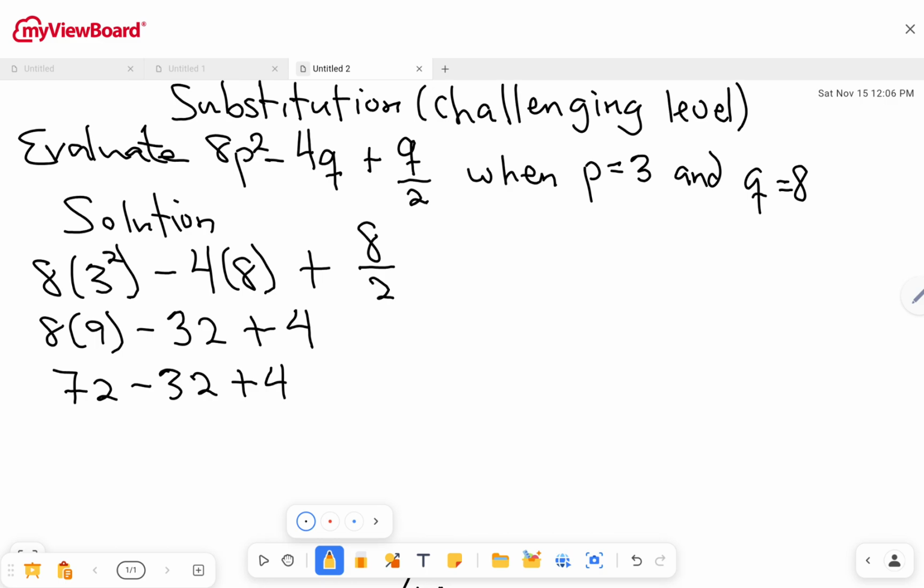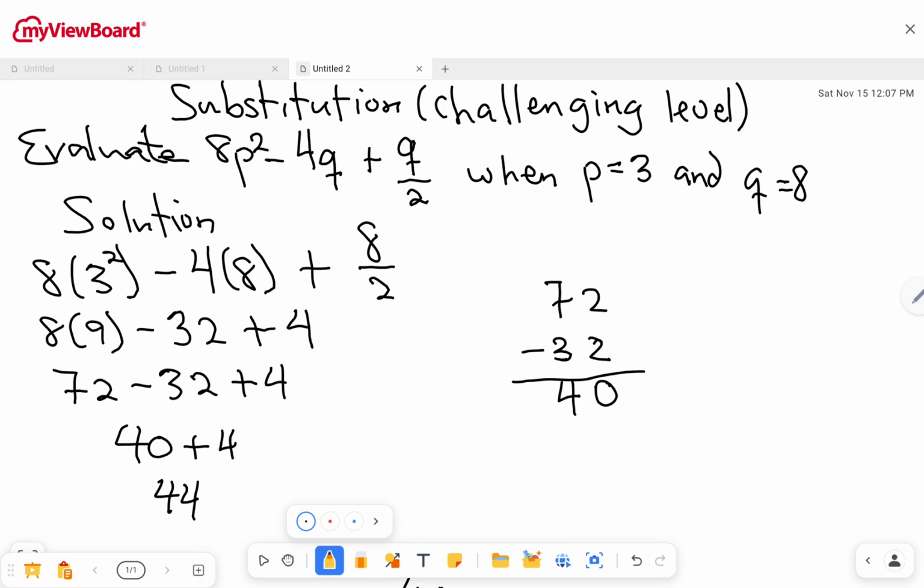So let's do that here. 72 minus 32 is this. Now 2 minus 2 is going to give us 0. And then you come over to this side. 7 minus 3 is going to give us 4. So we are going to have 40 plus 4. And 40 plus 4 is going to give us 44. So this is our answer to this question.